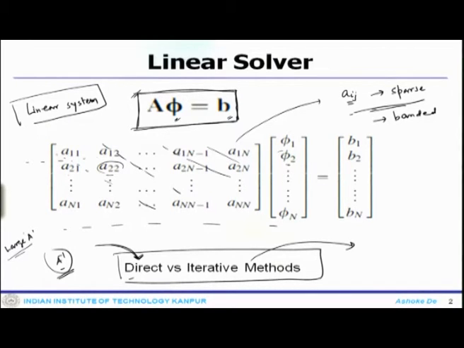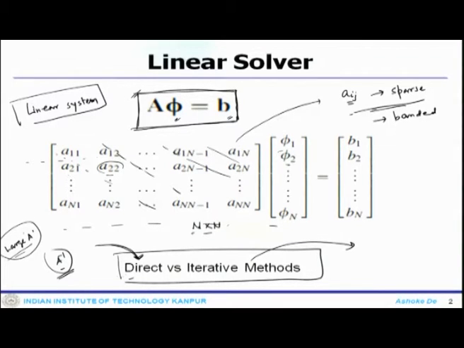So, essentially for a large system one can think it is impractical. And when you talk about the physical problem, this matrix is going to be n by n, and this n is the number of total cells in your 2-dimensional domain, and when it goes to 3-dimensional you can think about the size.